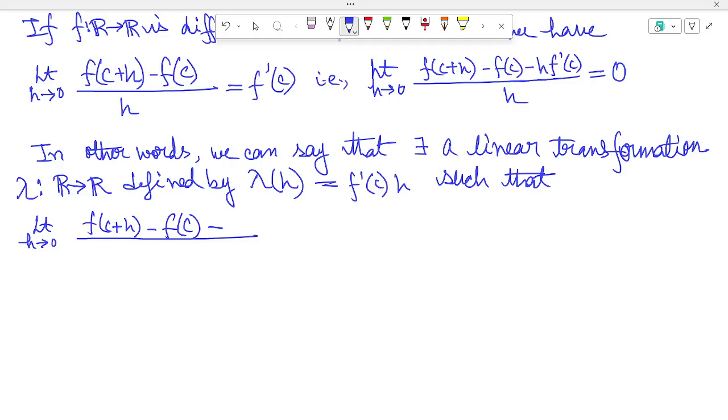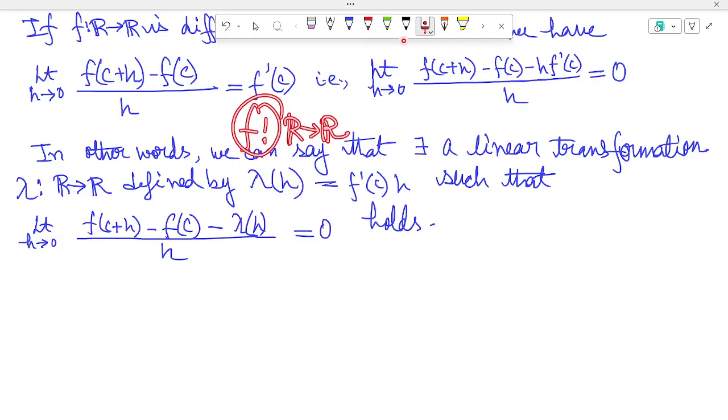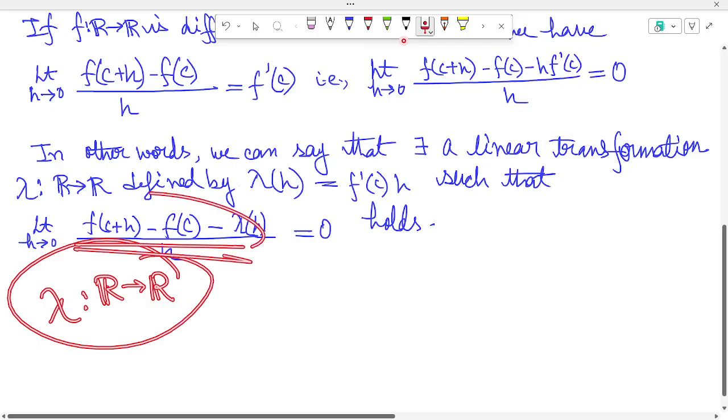So this thing we define as lambda h. That is another definition of differentiation in R. A function f from R to R is said to be differentiable if there exists a linear transformation lambda from R to R such that this condition holds.